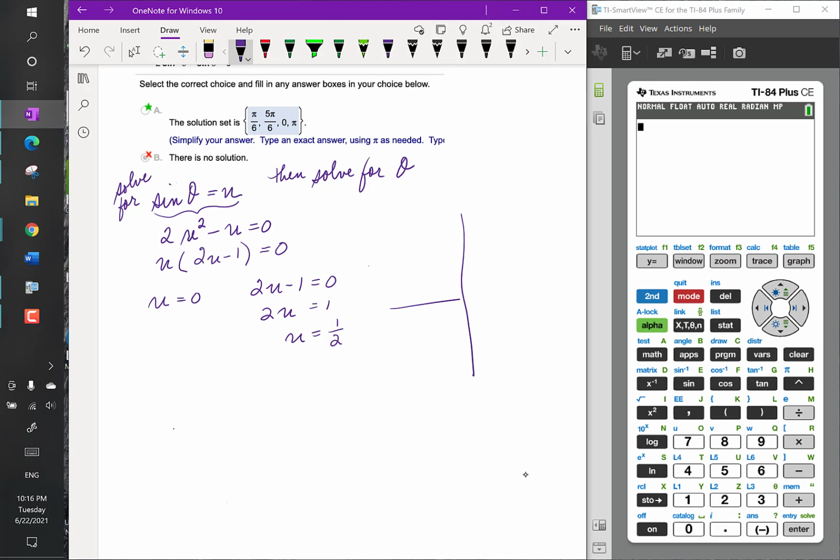And I can draw a little unit circle here, just the axes, really. First, let's back substitute for u. U is sine theta. So if u is 0, sine theta is 0. Or sine theta is 1/2.